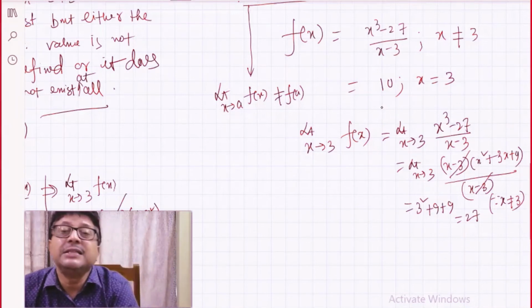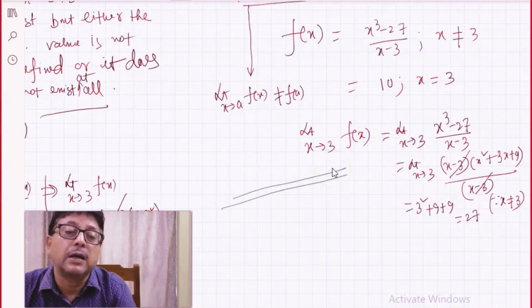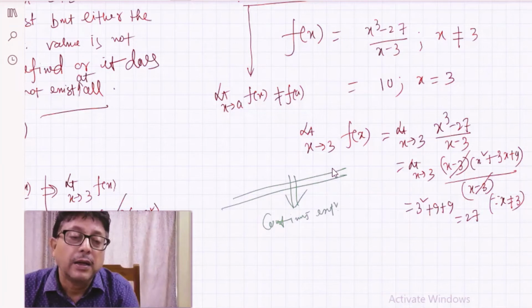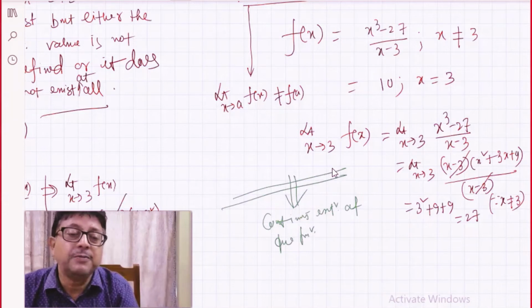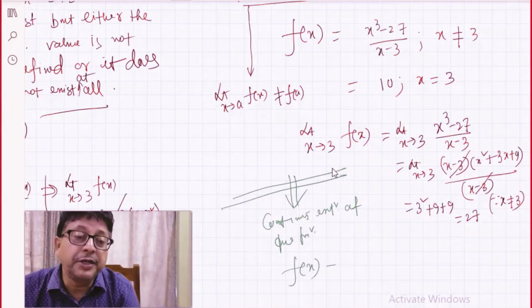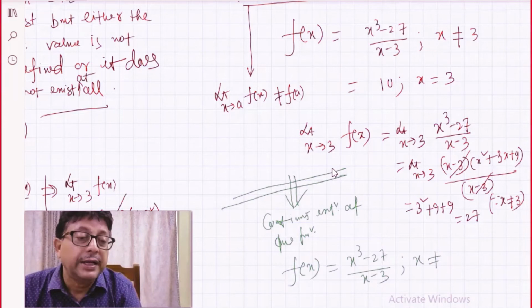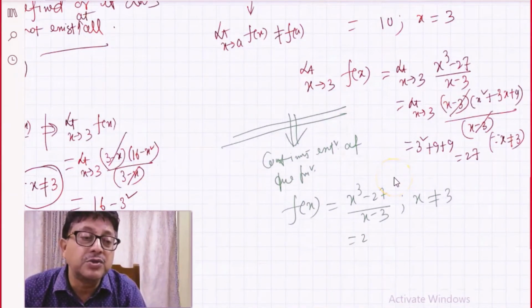What is continuous extension here? Let's see. If you want to make it continuous, continuous extension of the function is as follows. It means you need to redefine (x cube minus 27) by (x minus 3), x not equal to 3, don't write 10 over there, you just write equal to 27 for x equal to 3.